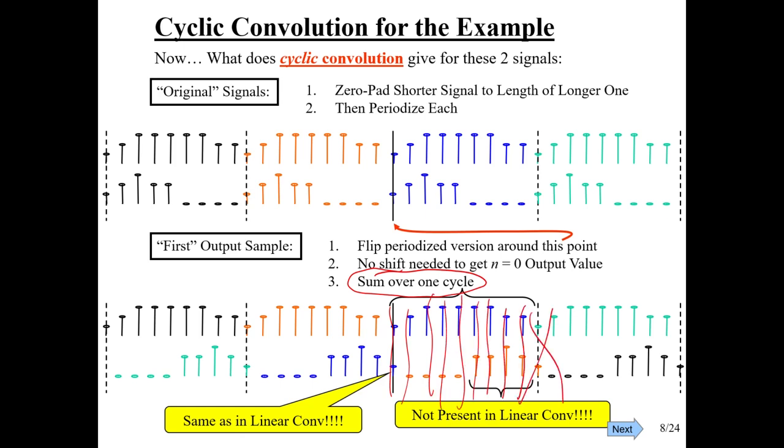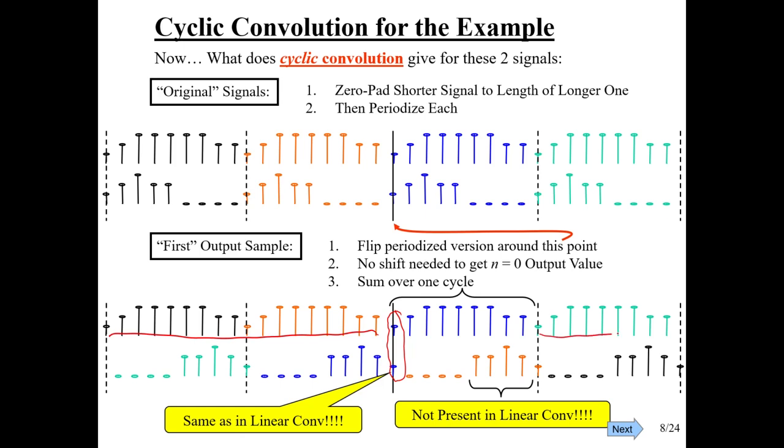Don't need that stuff. Okay? But now notice something happens. Here is the same product that we had in the linear convolution. Because remember, these were all zeros here. These were all zeros here. This was all zero. This was all zero. So that was the only non-zero product that we have.